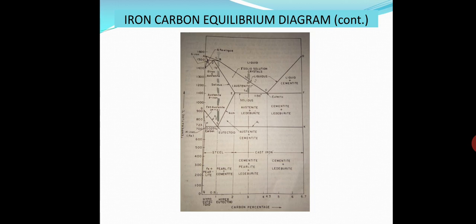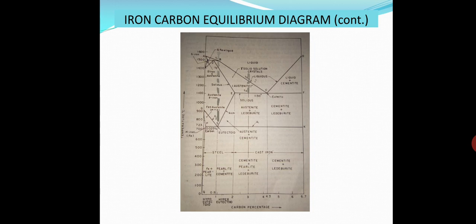Similarly, on the solidus line, if we come, the C point is of importance because this point is on the liquidus line as well as on the solidus line. This point is known as the eutectic point.